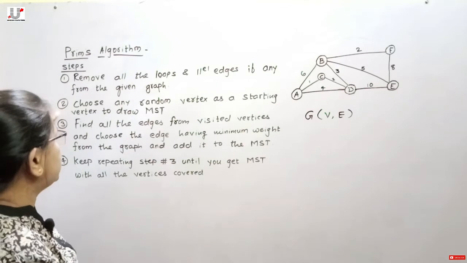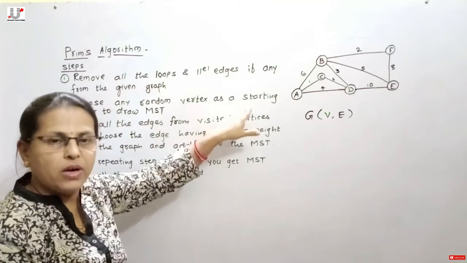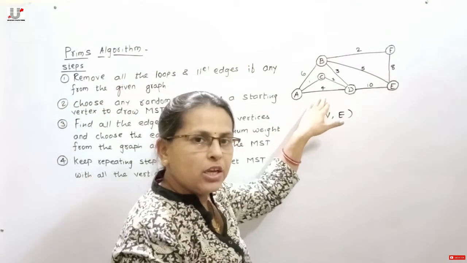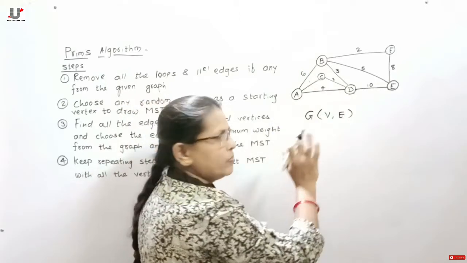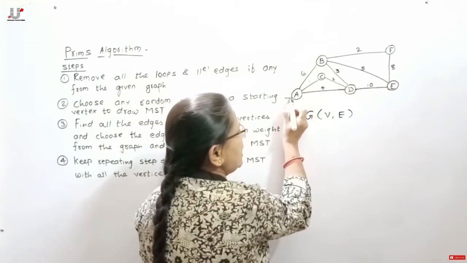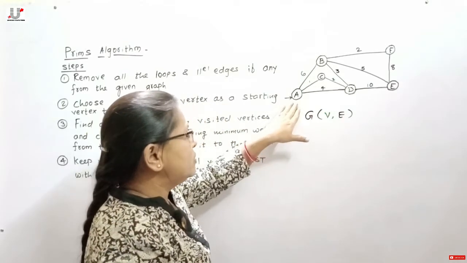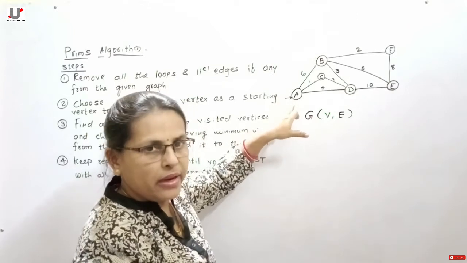Then step 2, choose any random vertex as a starting vertex to draw the minimum spanning tree. If the starting vertex is not given, then you can choose any at random. Here I choose A as the starting vertex to draw the minimum spanning tree.